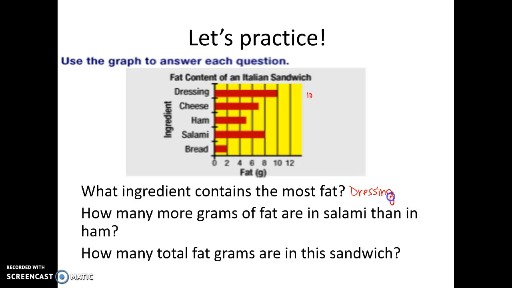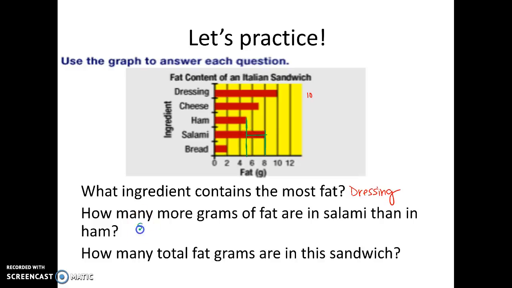Who would have thought? How many more grams of fat are in salami than in ham? So with this one, I'm looking at ham, which is right here, and I'm looking at salami, which is right here. And so we're looking at this distance between the two.